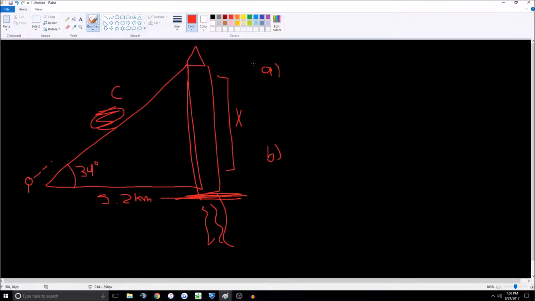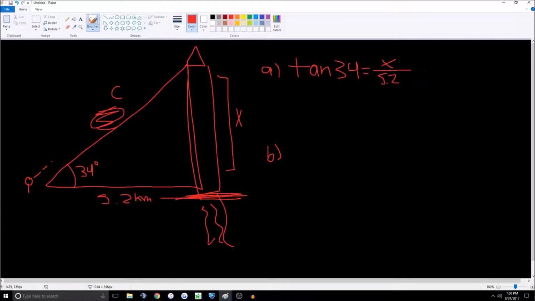To figure out A, we know that we have the degree and the adjacent, and we're trying to find the opposite. So the best trigonometry term to use here for finding the missing side is tangent, because we already have the adjacent and we're figuring out the opposite. So tan 34 is x over 5.2.